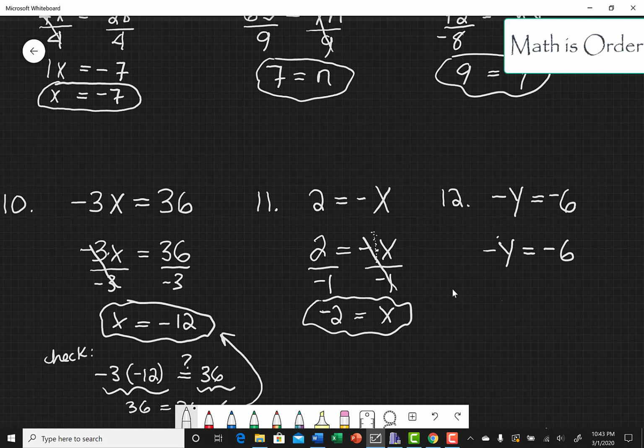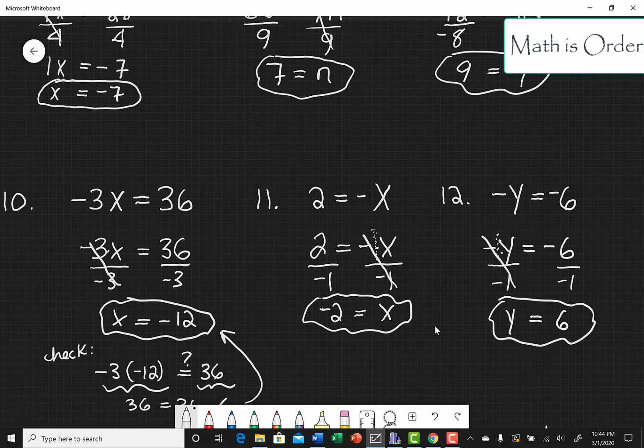What we have to do is realize that -1 is multiplying y. So the opposite of multiplication is to divide both sides by -1. And then -1 divided by -1 is +1. +1 times y is just y. Now on the right-hand side, we get just 6.